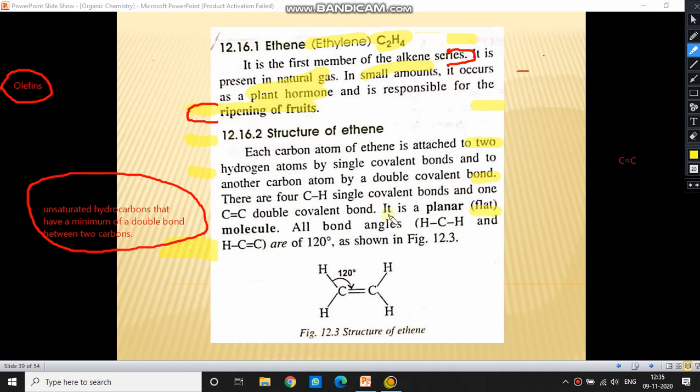Now, structure of ethene: you can see a double bond is present between the two carbons, and 4 hydrogens are attached. The angle between hydrogen, carbon and carbon is 120 degrees. That's the reason the structure is planar, or you can call it flat.